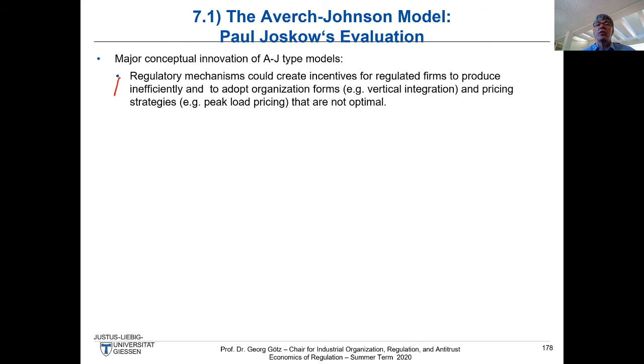What Joskow says, and I'm finished in say 2 minutes here, is that this Averch-Johnson model really highlighted that this regulatory mechanism could create incentives for the regulated firms to produce inefficiently and then overinvest.